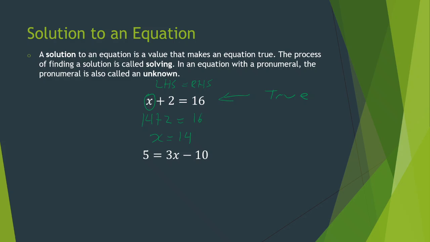Let's look at a bit more of a difficult example. 5 equals 3x minus 10. Now, because we've done a bit of work on algebra, we know that 3x is the same thing as writing 3 times x. And now, we want to know what value x is. So we know that in BODMAS, okay, we need to figure out this thing first. So obviously we need to know something take away 10 has to give us 5.